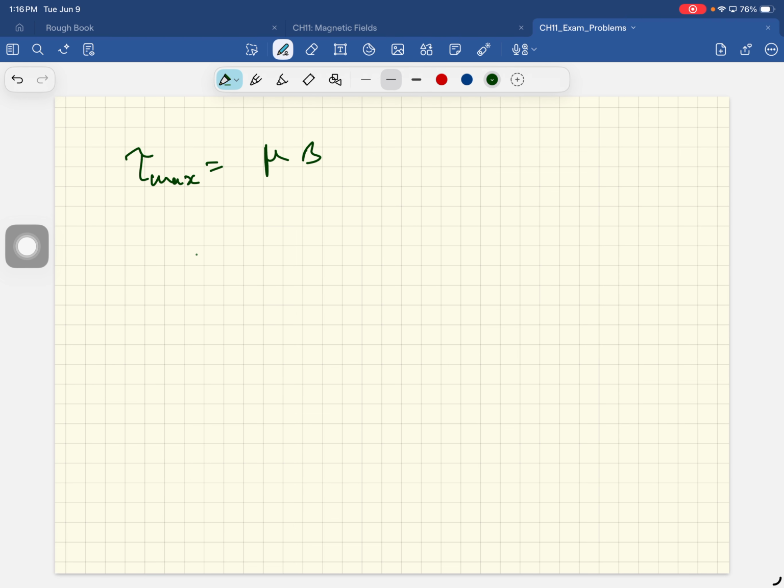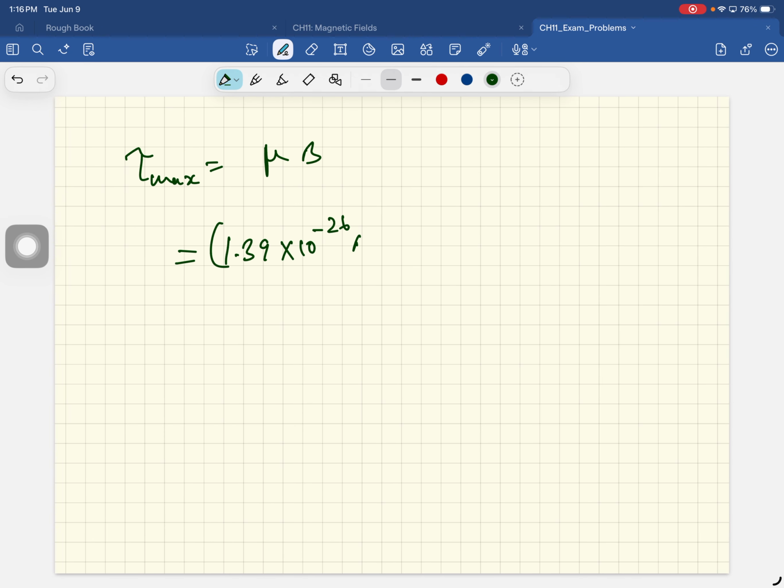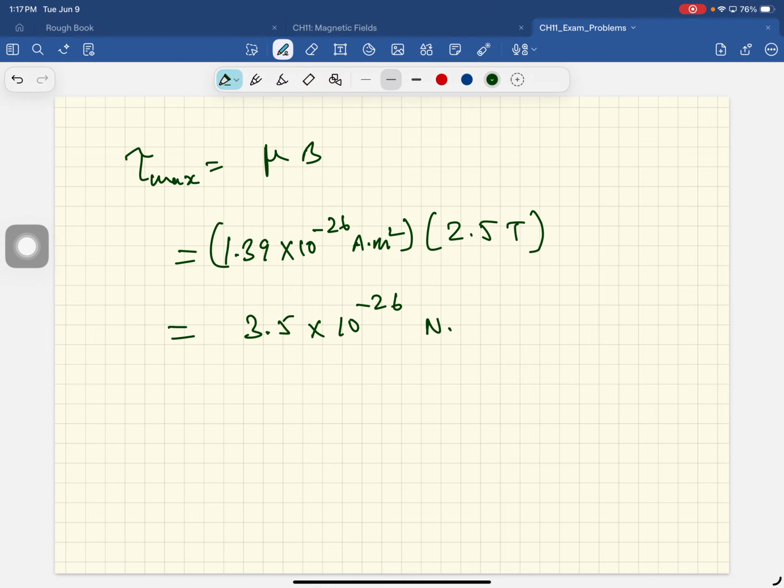That's the angular frequency. 2 pi f is the number of times it'll make a circle. And so the cyclotron frequency is QB over M. So that's the frequency at which you're switching the polarity of that alternating source.